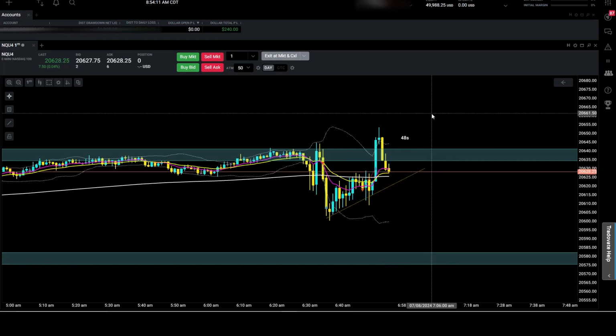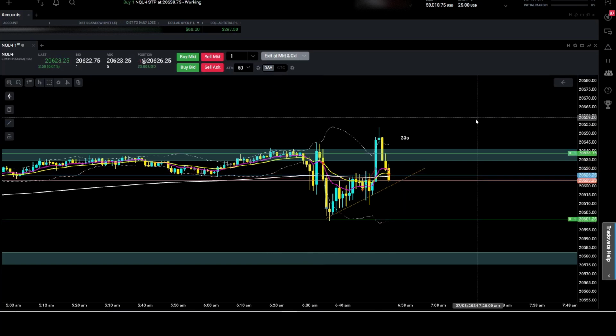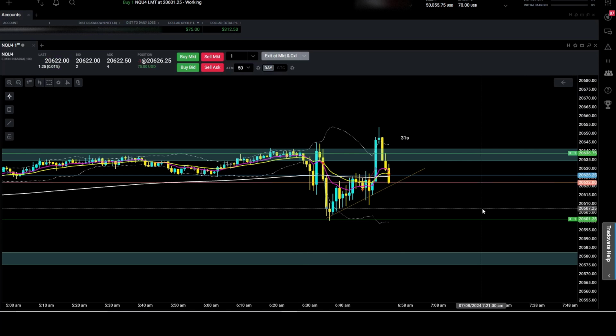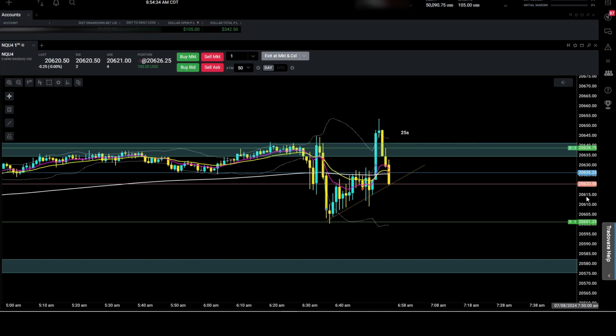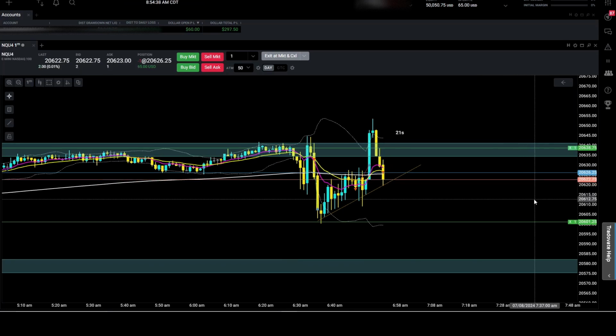We're below that resistance zone again. I think we might continue down. Order filled. Target perfectly at that low again. That'll be 100 ticks. If we get up 50 ticks, I'm gonna move my stop to break even.